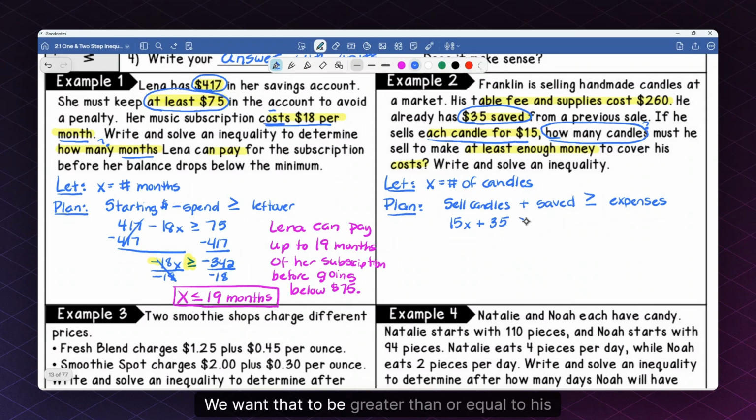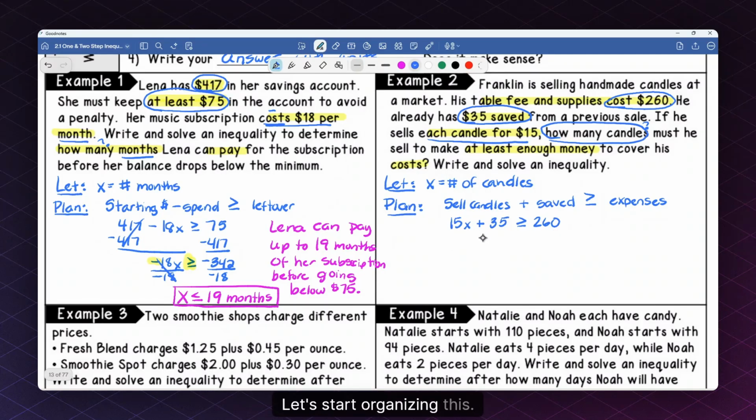We want that to be greater than or equal to his expenses. How much are his expenses? Well, it's going to cost $260 just to be there. So now that we have an inequality set up, we took those words and we converted it to an inequality.